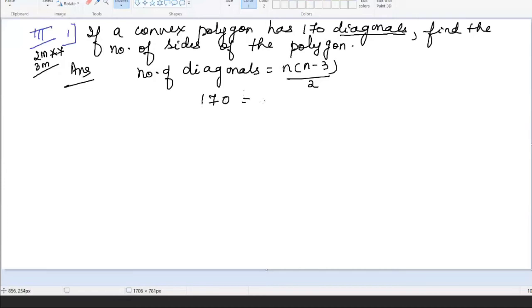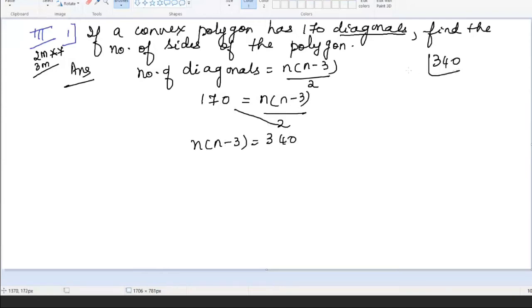So here I'm getting n into n minus 3 by 2 equal to 170. Now this 2 I can multiply here. So 170 into 2 will become 340. So n into n minus 3 is equal to 340. Okay, so now suppose we can take the inspection method. Which two numbers? 340 is 2 into 170, 2 into 85, and 5 into 17.